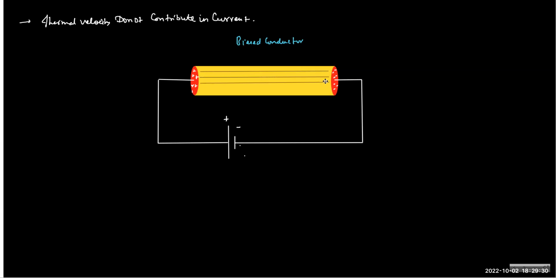The very purpose I kept the cross-sectional area uniform is such that the field developed is also uniform. Later on, you will also come to know that for non-uniform cross-section, the field also becomes non-uniform. So this will create an electric field.